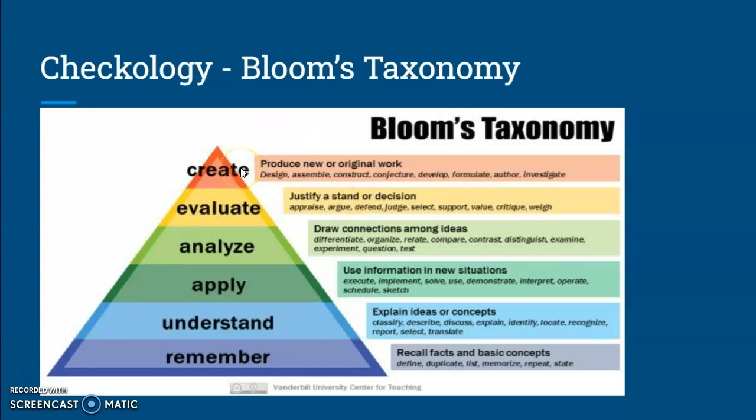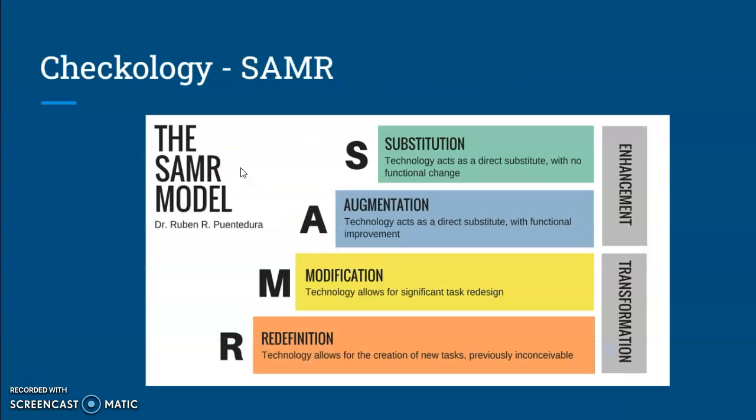They'll build on those skills. When we look at the SAMR model, I would say that it falls into that modification, maybe even that redefinition. We're taking a basic news article and expanding on that, pulling in other resources that students will be able to do rather than just sitting and reading.